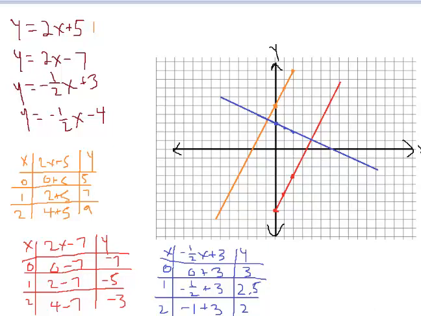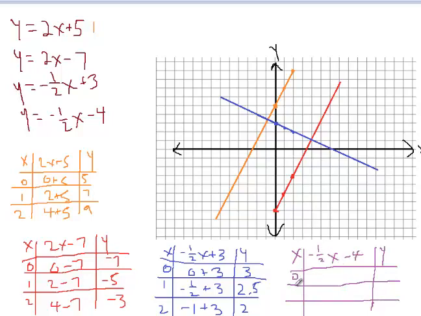And finally, our last line. What color should we pick? Let's pick purple for this one. Y equals negative a half x minus 4. Negative 1/2 x minus 4. So x, again, 0, 1, 2. 0 minus 4 is negative 4. Negative a half minus 4 is negative 4.5.